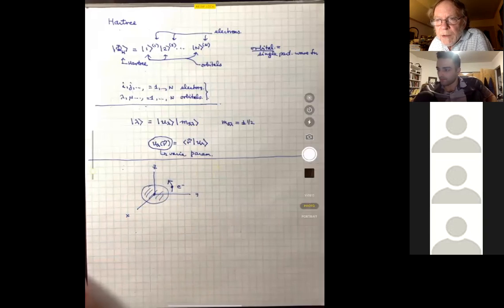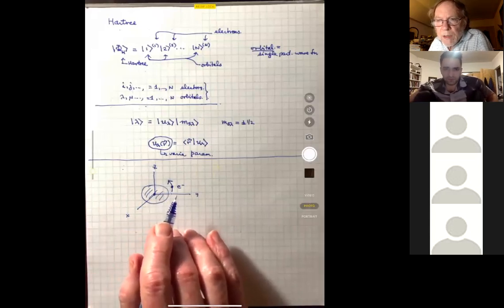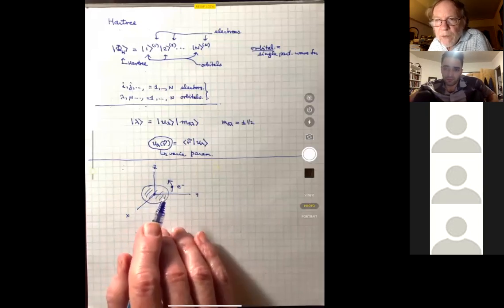So we can imagine a picture, I hesitate to call it an approximation, but a picture of the atom, which is clearly only approximate because it's not exact, in which we visualize each electron as moving in the average field produced by not only the nucleus, which is a fixed field, but the average field of all the other electrons.